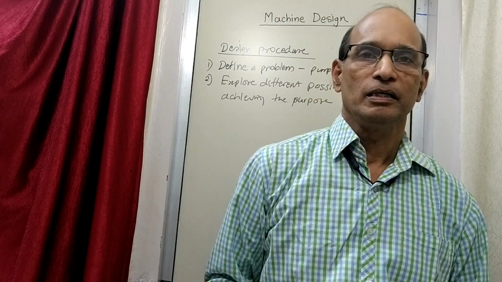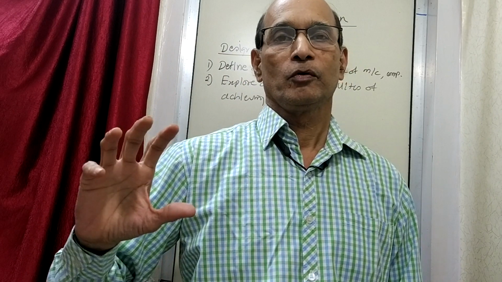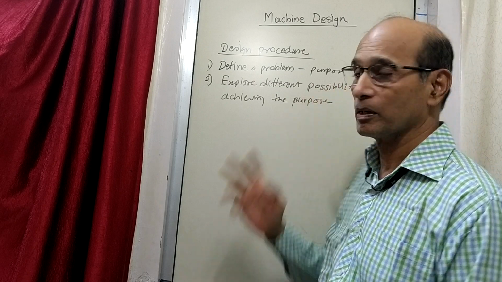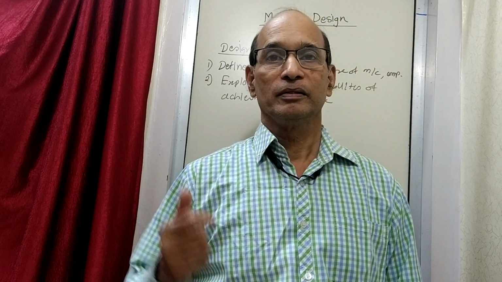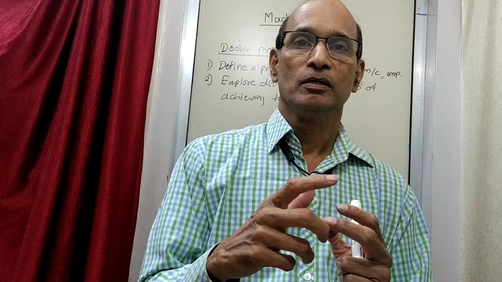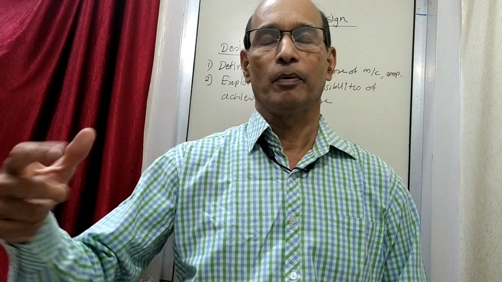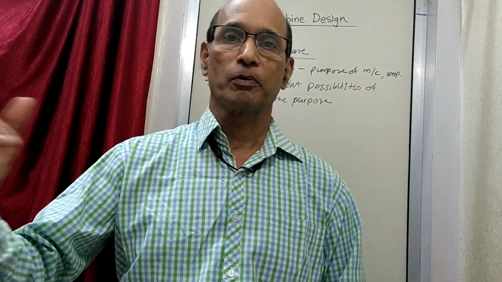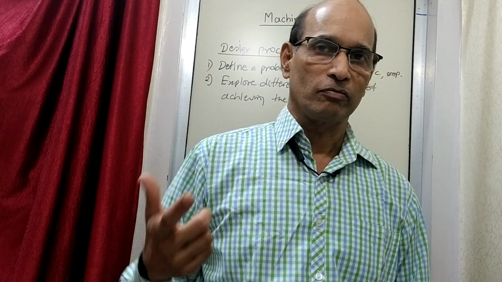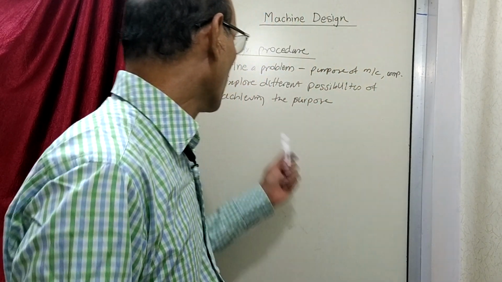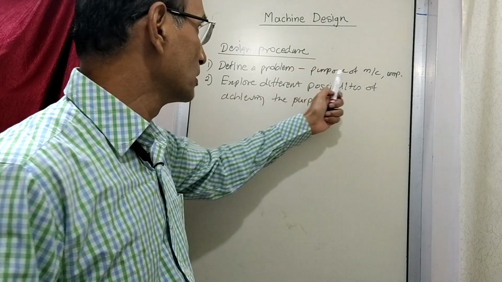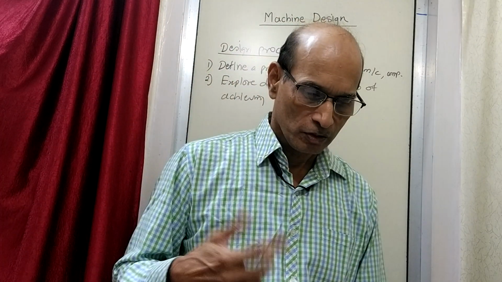Then in which way, how will you be able to fulfill that particular task or activity? Whatever the purpose is, how are you going to fulfill it? That you have to start thinking. Which way, what should I do? How should the machine be, so that this kind of function will be carried out or the purpose will be achieved? So you go on thinking in mind, to start with, about different possibilities of achieving the purpose. So you start thinking.